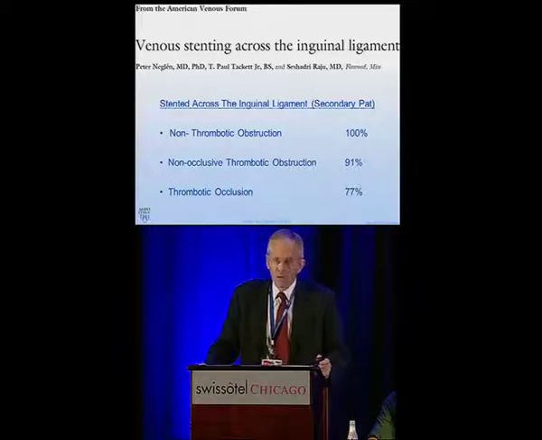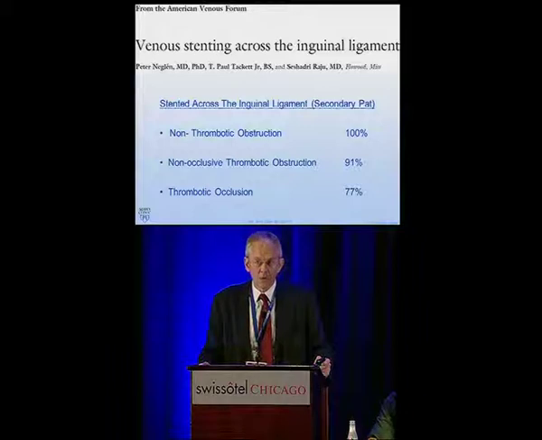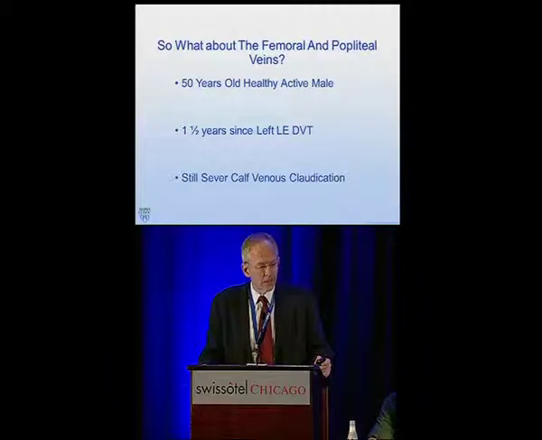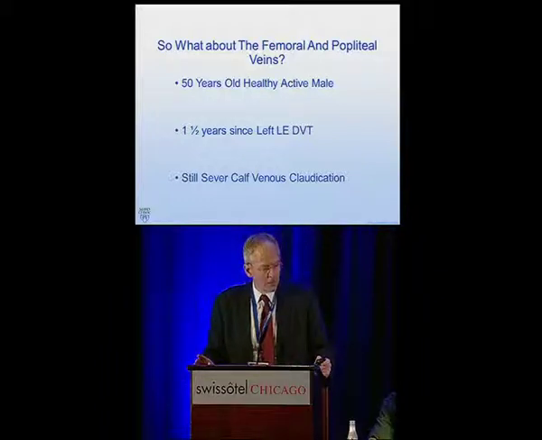So the conclusion, and there is a long way to get to the conclusion, is that really it is the etiology, and whether the segment is occluded or non-occluded, or probably thrombotic or non-thrombotic, that matters. It doesn't really matter if you extend your stent below the inguinal ligament. What matters is what I just said.